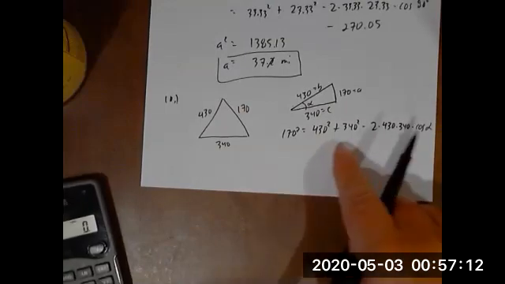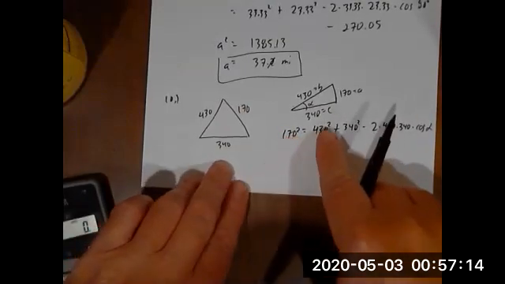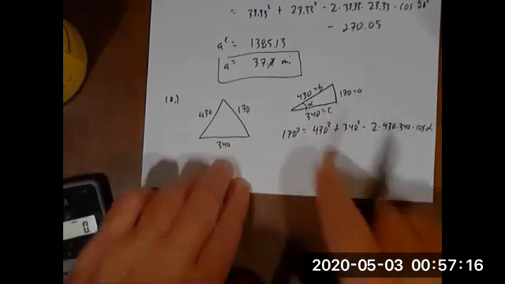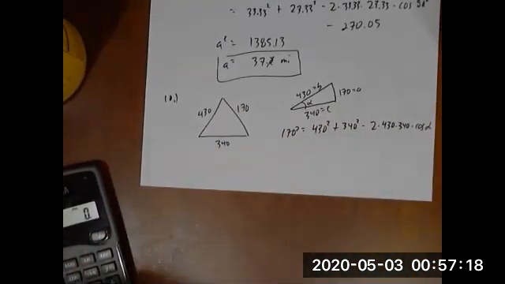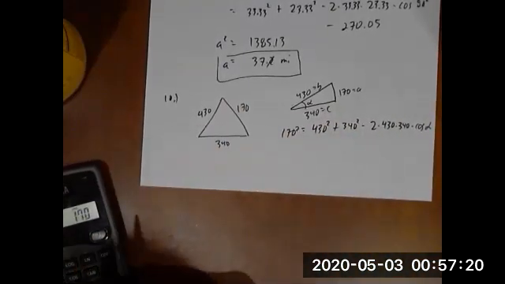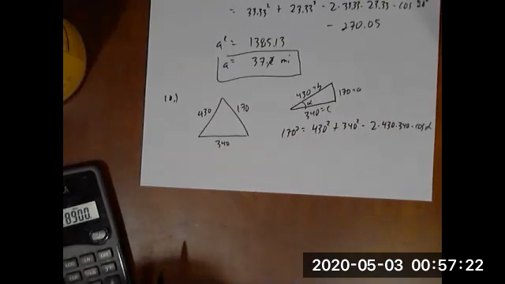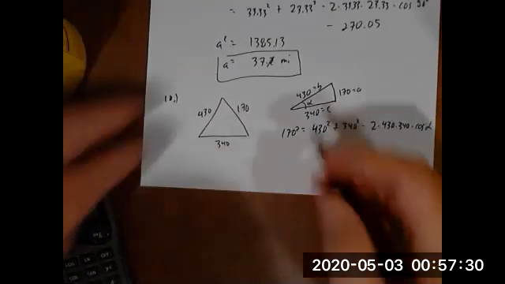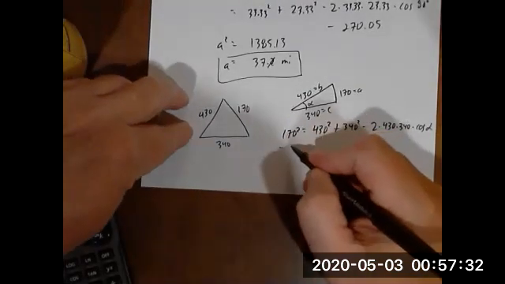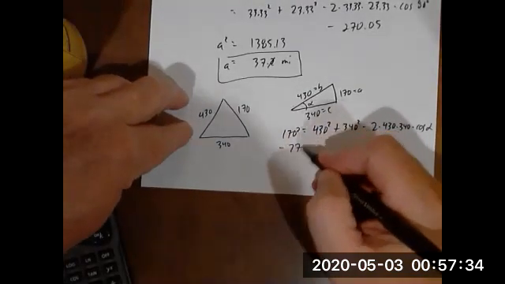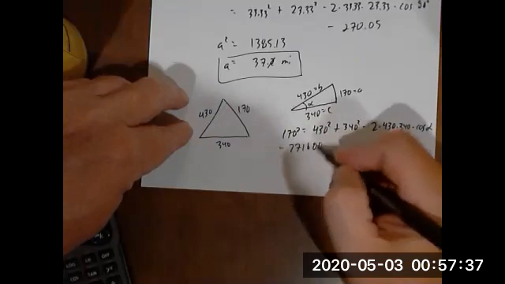Let's take this number and subtract the others from it. Let me do that on my calculator: 170 squared minus 430 squared minus 340 squared is negative 271,600.